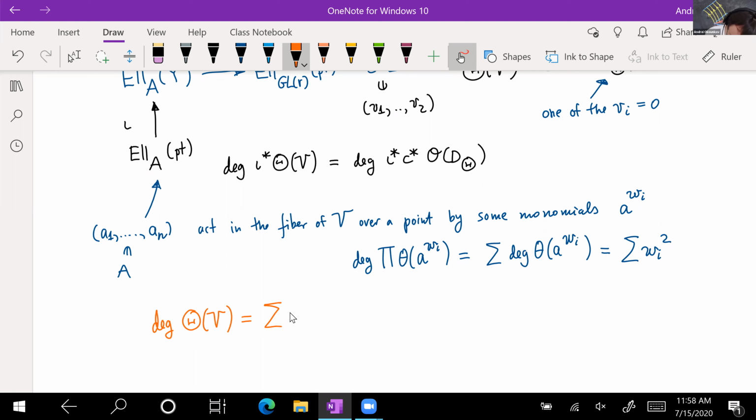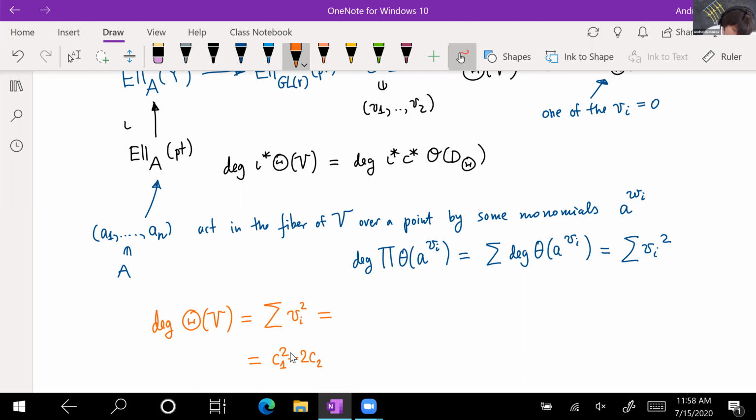Sorry, I changed these to W's at some point, I don't know why. This is the sum of Chern roots squared, so this is some particular characteristic class. If you want, this is like C1 squared minus 2C2.